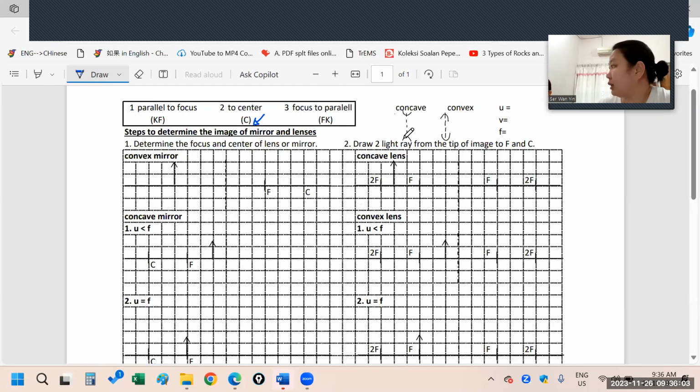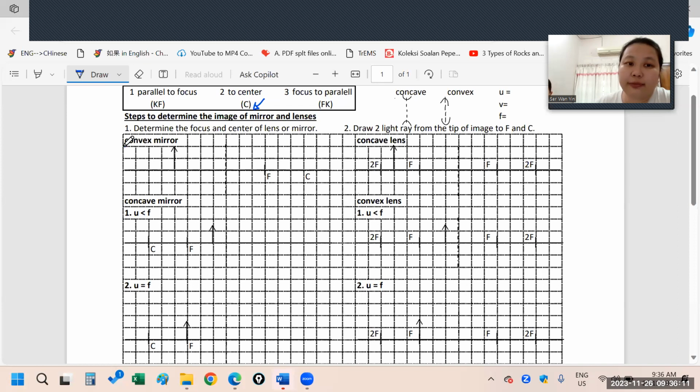Okay, how to draw a convex and concave mirror? Still remember? Cave means what?